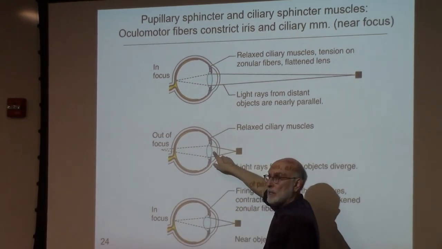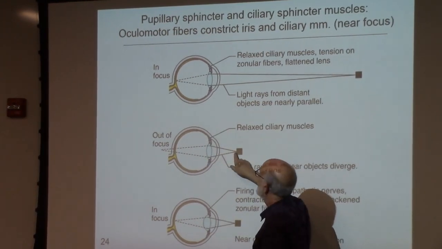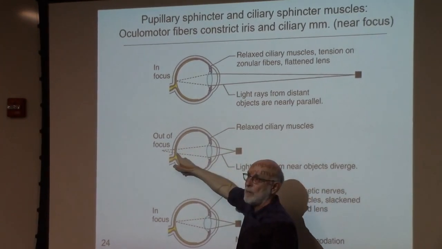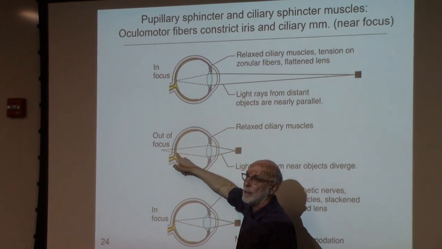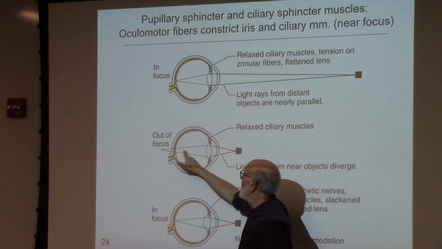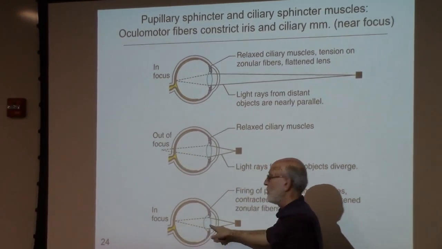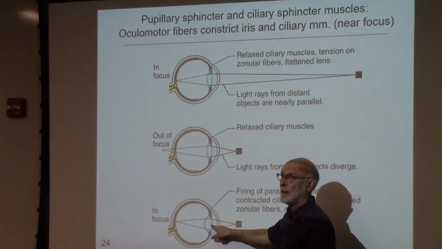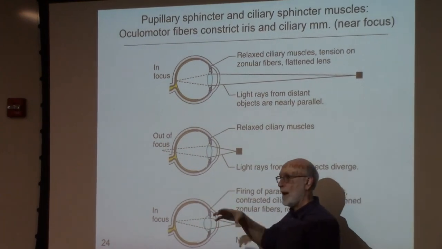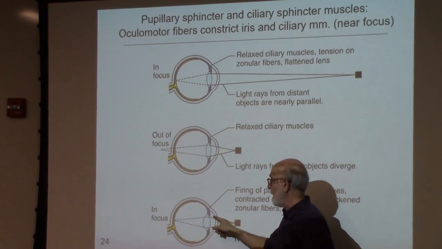If the lens is not bulgy, if the lens is flat, the image of the near object is not in focus on my retina, and so it's blurry. In order to make this object in focus on my retina, I have to bulge my lens. In order to bulge my lens, I have to constrict the ciliary body and allow the lens to bulge.